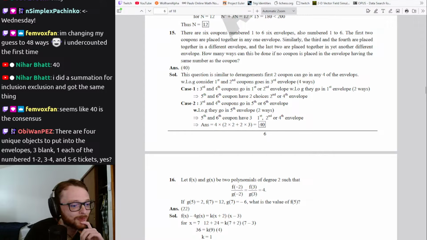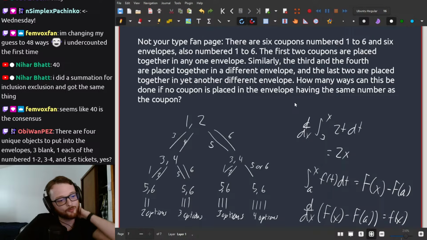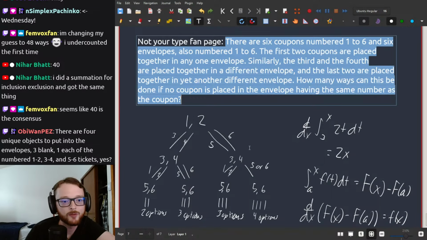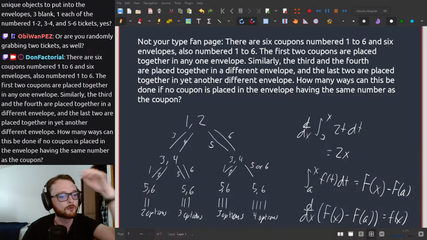Four unique objects to put in the envelopes, 3 blank, 1 each. Oh, I guess you could count blanks, yeah. I guess it's the same thing as just never putting something in the other 3 envelopes. If you don't think about it more, I can copy paste the text in if that's easier too.